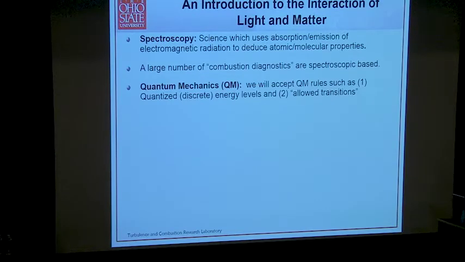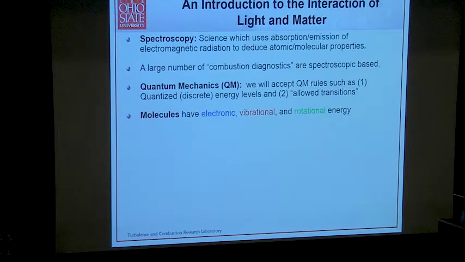We're not going to necessarily go and try to prove these or go over the intense derivations for many of these processes. So again, in terms of our boundary conditions, we're going to accept the fact that there are certain things such as quantized energy levels, that energies occur at discrete levels, and that there are certain things called allowed transitions. There are certain things that are in resonance with molecules and atomic species, okay?